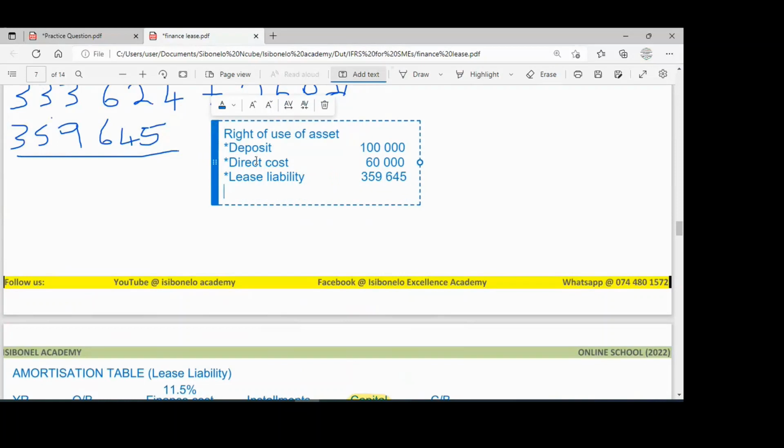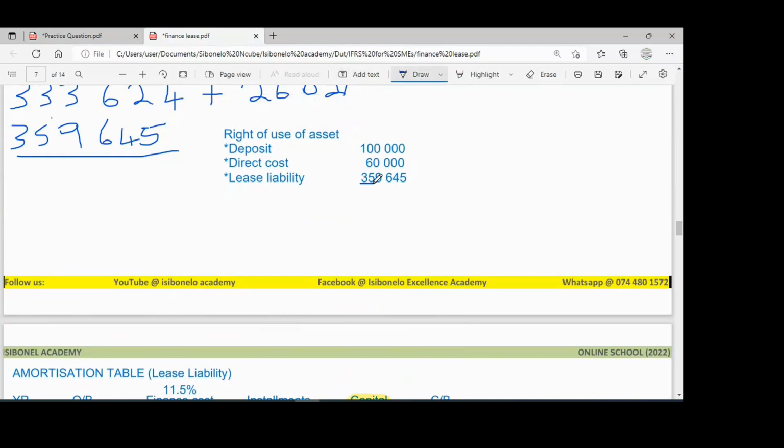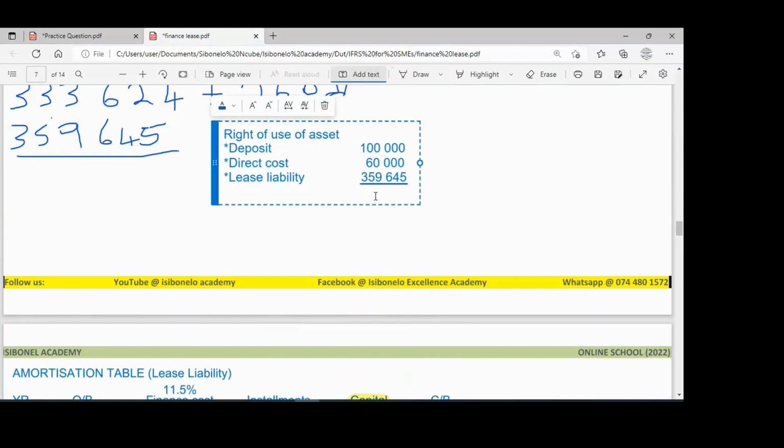So when we add all these, how much do we get? This total amount is what we attach to the asset as the cost of the asset, the cost of obtaining the right to use it. So this money is like the cost price of the asset. So 100 plus 60 plus 359,645, how much are you getting? 519,645.